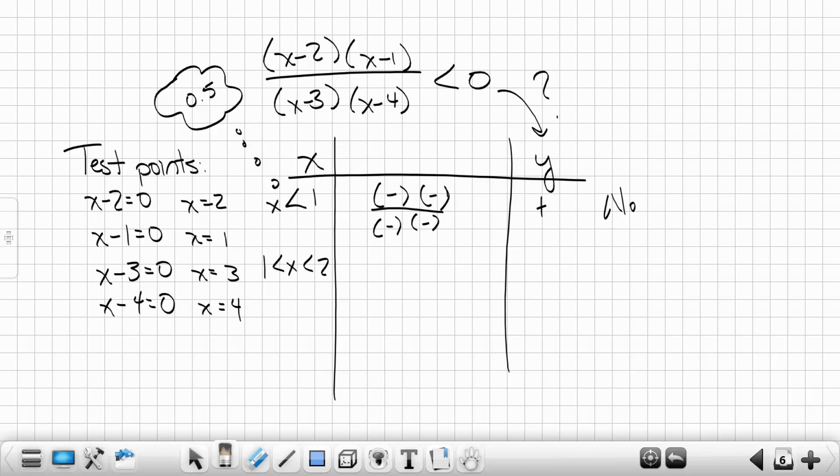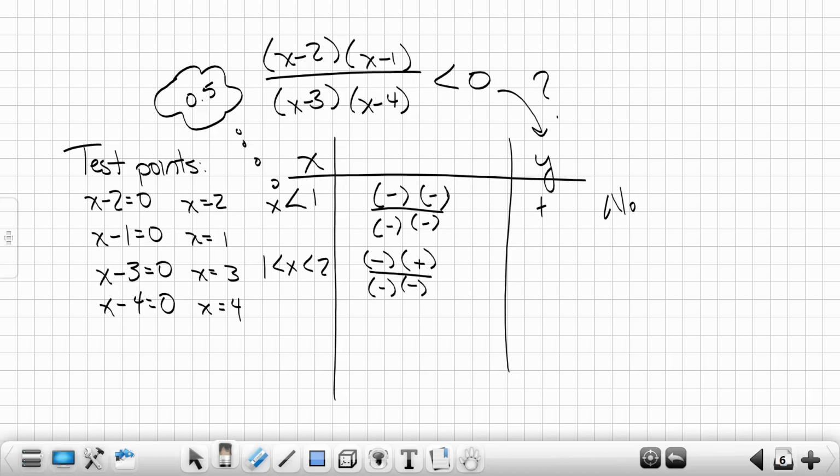Sorry, I missed my X on that less than 1 part. So now I'm picking something between 1 and 2, so you say 1.5. 1.5 minus 2, is that positive or negative? Negative. 1.5 minus 1? Positive. 1.5 minus 3, negative. 1.5 minus 4, negative.